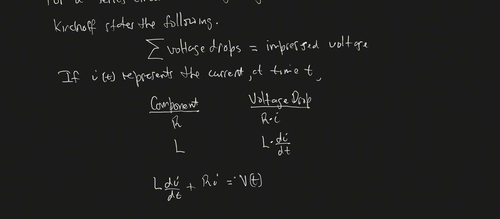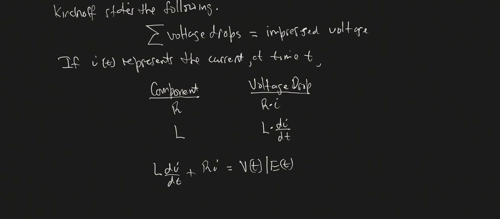Most books use V of t for voltage. I've seen some that use E of t for electromotive force, obviously because of the relationship between voltage and electrons. Nonetheless, this is the equation for an RL series circuit.